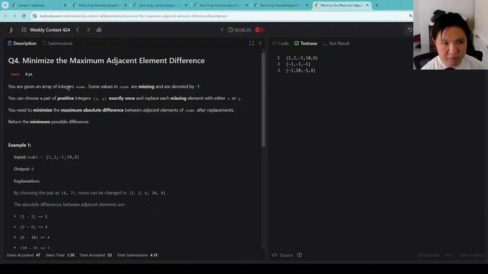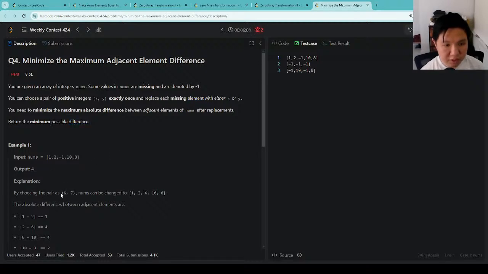You're given an array of integer nums. Some values in nums are missing and denoted by -1. You can choose a pair of positive integers exactly once and replace each missing element with either x or y. You need to minimize absolute difference between adjacent pairs of nums after replacement. Return the minimum possible difference.